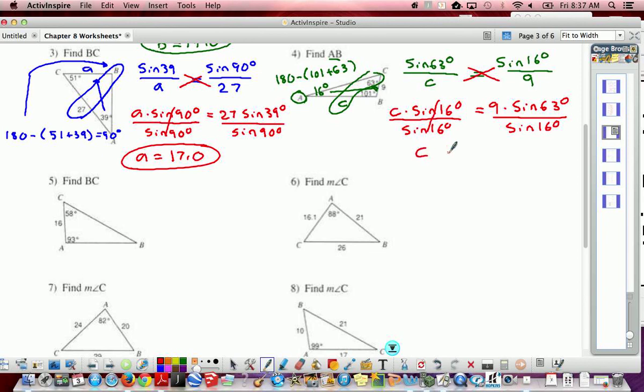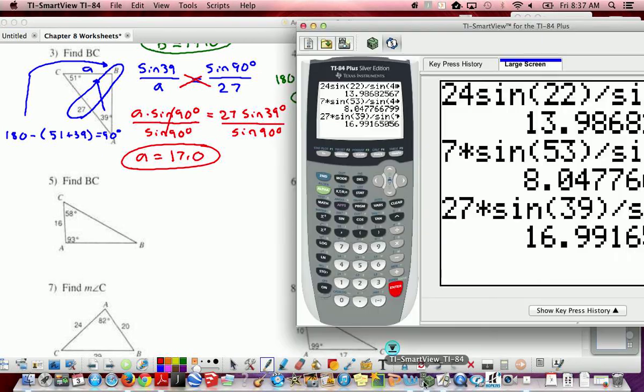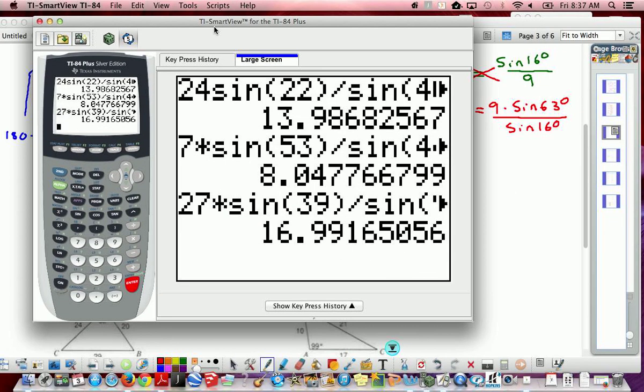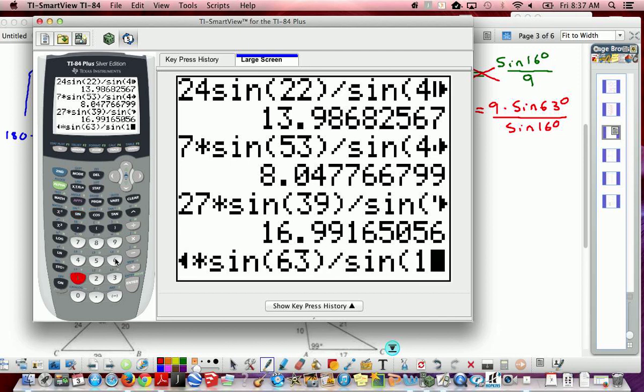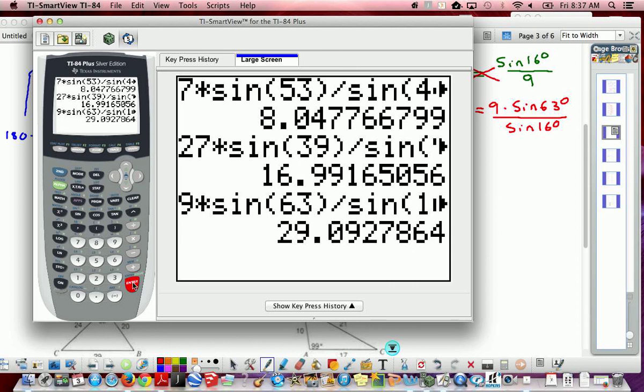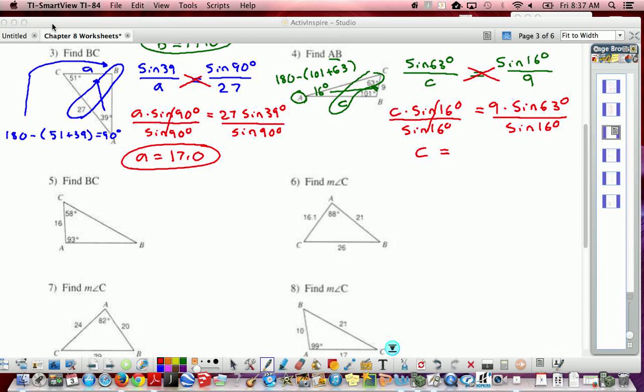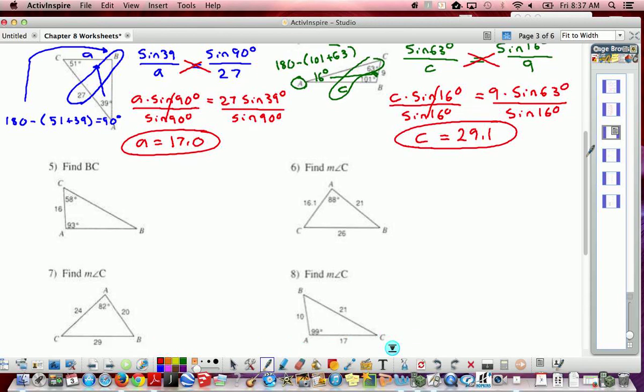Cross out, so c equals, calculator time, 9 times sine of 63 divided by sine of 16. Go ahead and hit enter on that one, and sure enough, this one rounds to 29.1 units. Almost said degrees there, but we're still working with sides. The ones with angles are coming up soon.